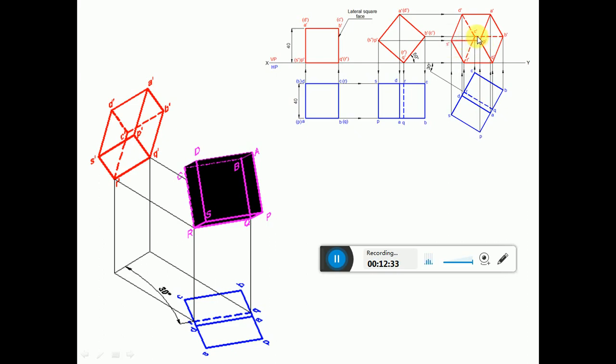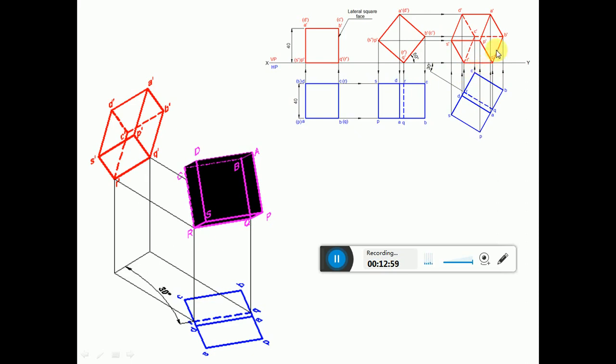So naturally C dash R dash becomes invisible. From the point C dash, we have three edges emanating out: C dash B dash, C dash R dash and C dash D dash. Since C dash B dash and C dash R dash are already invisible edges, naturally C dash D dash also becomes invisible.